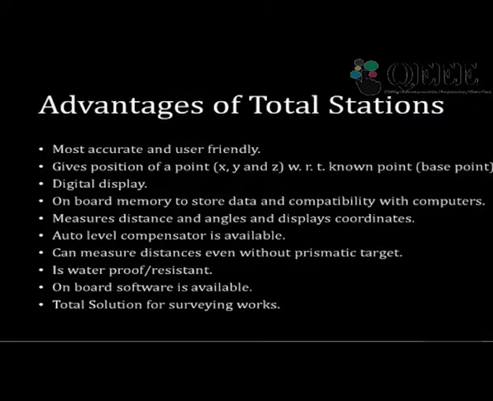Even if you don't have the prism pole, the surface itself can act as your target. In that case, the distance measurement range will be reduced. Generally it can be waterproof or water resistant, and onboard software is available. Total stations handle all surveying work, and are easy to carry also.